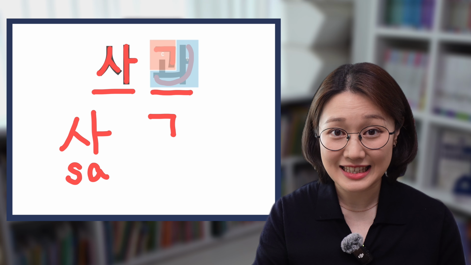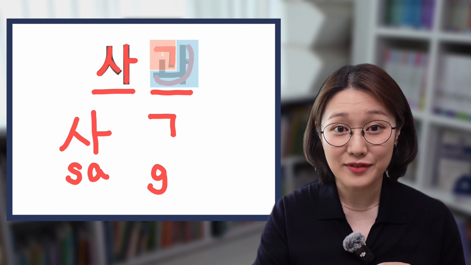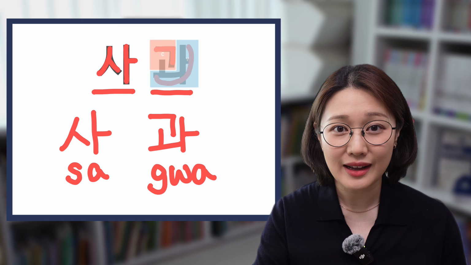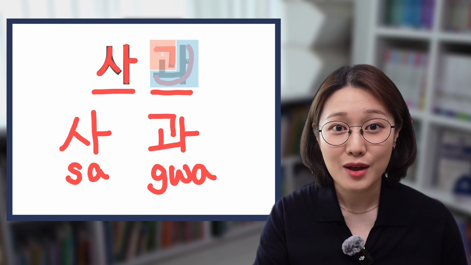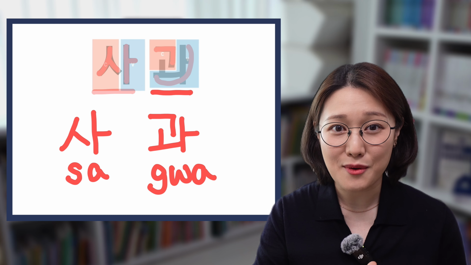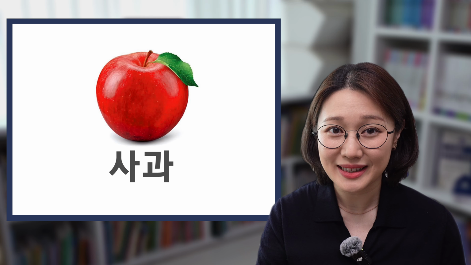The consonant is 기역, which makes the 그 sound. And the vowel is 와. We saw it before. 와. Together, they make 과. So, what is the whole word? 사과, 사과. It means apple.